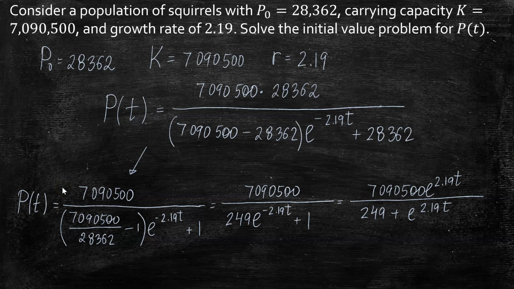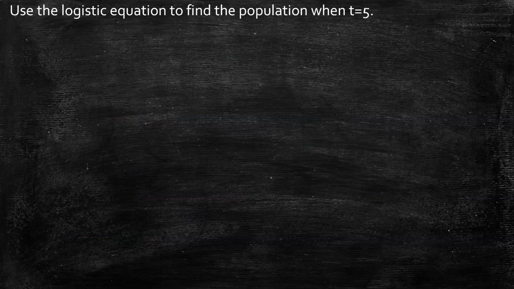Now that we have the solution of this equation and the function that represents the population of squirrels, we can answer the following questions. So let's use this solution to estimate the population when t is equal to 5. So once again, let me just copy this equation.